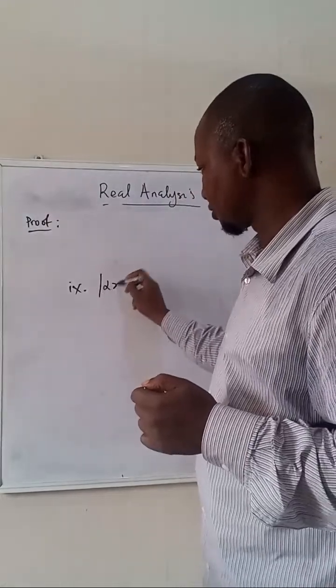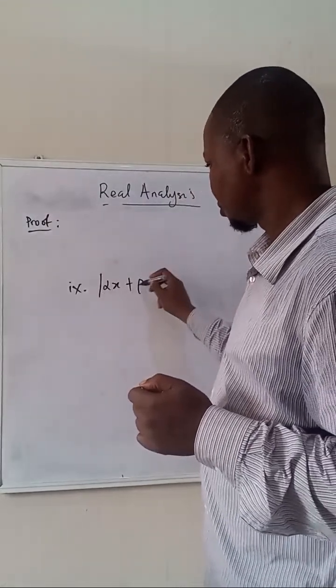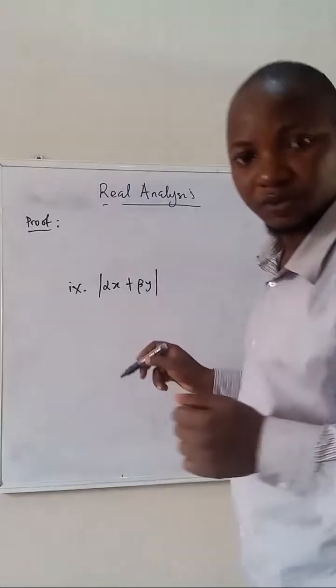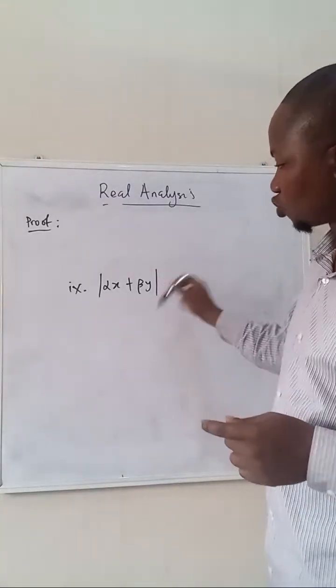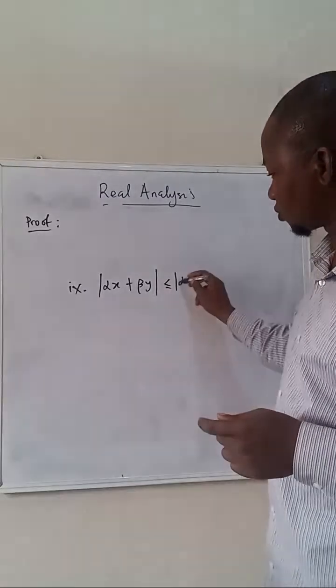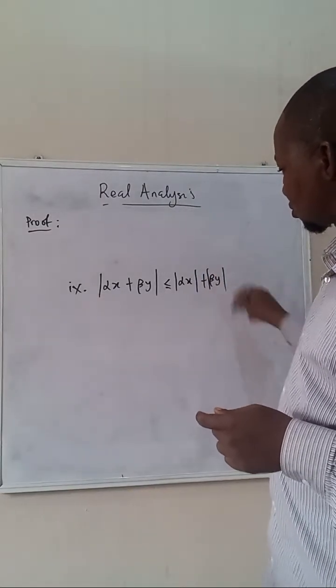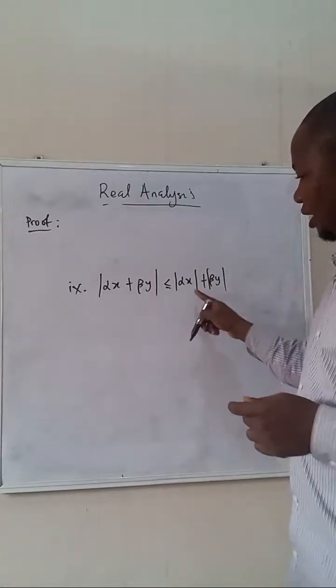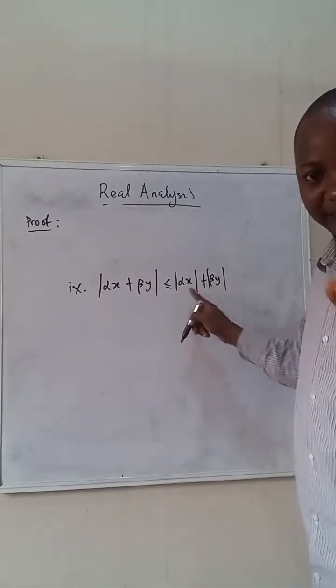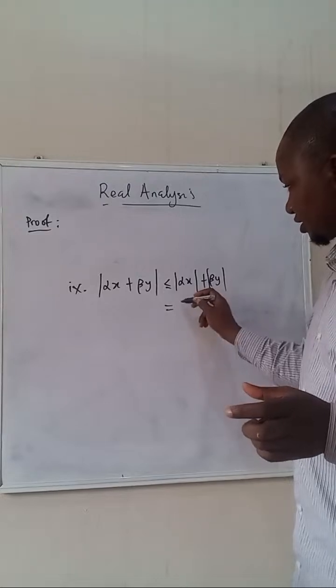This is a property. By the virtue of property 2, we said we can split this into 2. Then by virtue of property 3, that says we can split this.